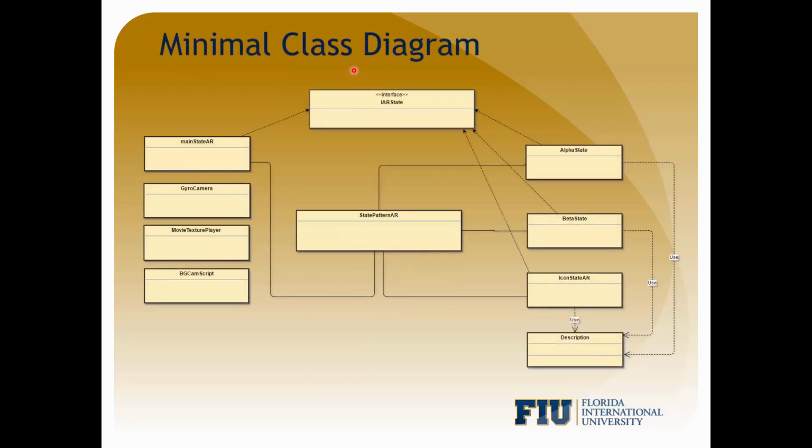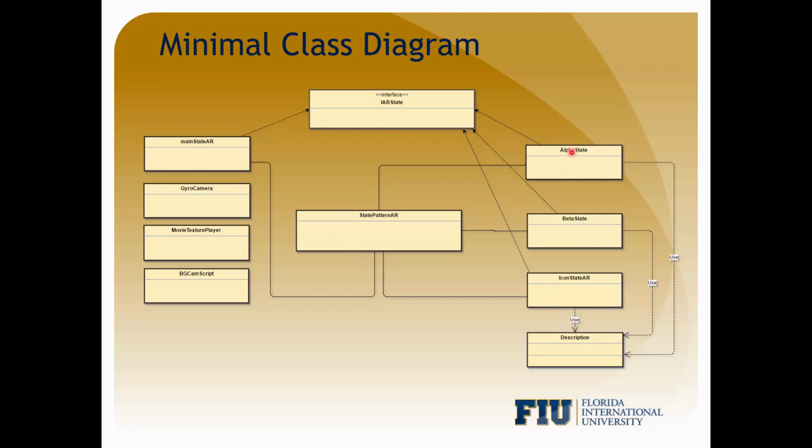So in our class diagram, we have first the interface, and then AlphaState, BetaState, IconStateAR, and MainStateAR, which implement this interface. Later on, we have the StatePatternAR, which is the actual class that handles the moving from one state to the other, depending on where the user is in the application.